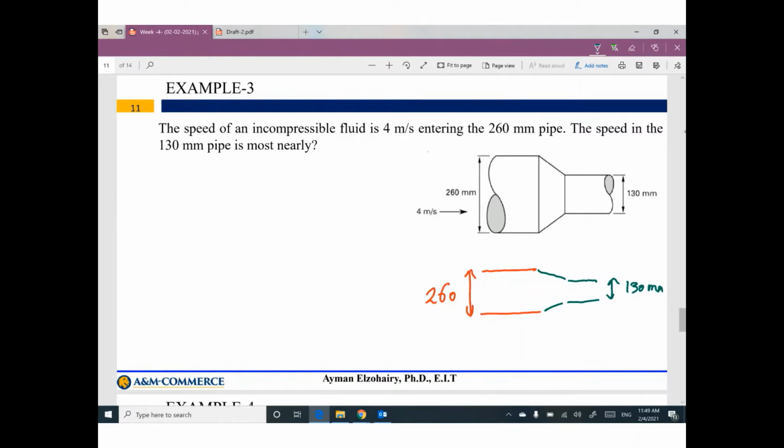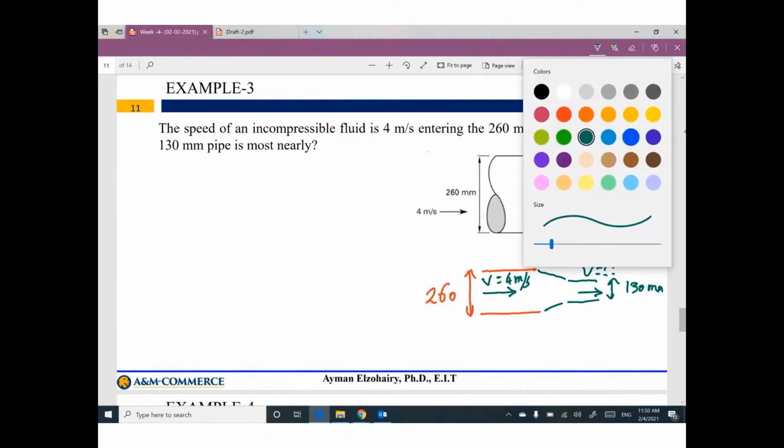So at the entrance, we have a speed V equal to 4 meters per second. The speed in the 130 millimeter pipe is most nearly what? What will be the speed of the fluid when entering the smaller one? Do you expect this speed will be faster or slower? What do you think?